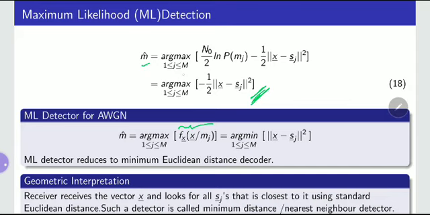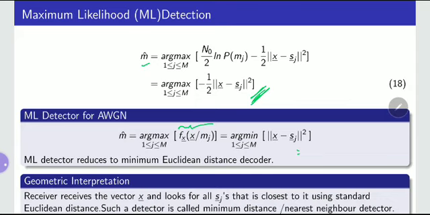To remove the minus, half is a constant, that can be neglected. Remove the minus, make it minimum. So minimum of norm of x minus sj the whole square. Now this is actually the distance between the vectors x and sj. The square of the distance between the vectors x and sj, norm of x minus sj the whole square.